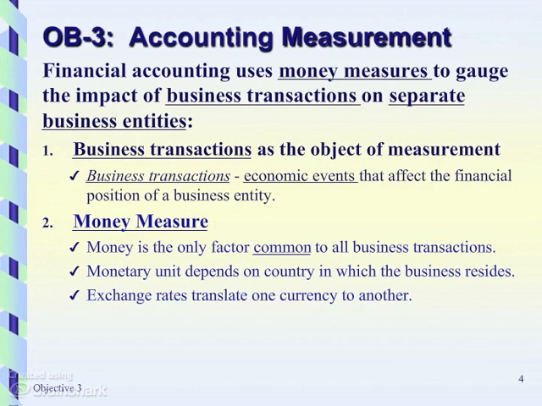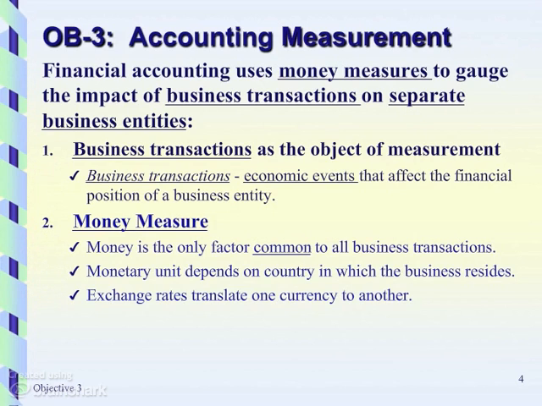Money measure. Money is basically the only common factor to all types of business transactions. But you have to determine what dollar value that transaction is going to be reported at.